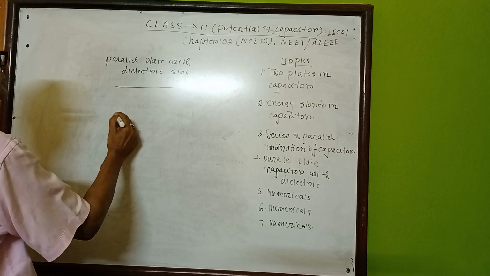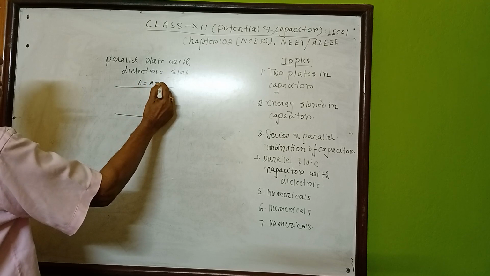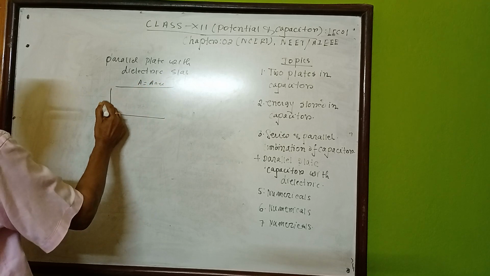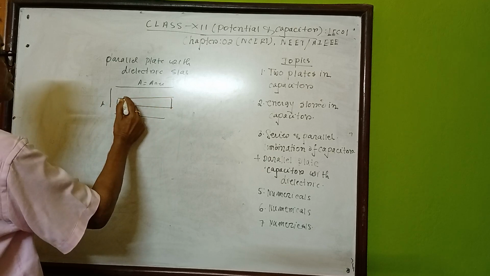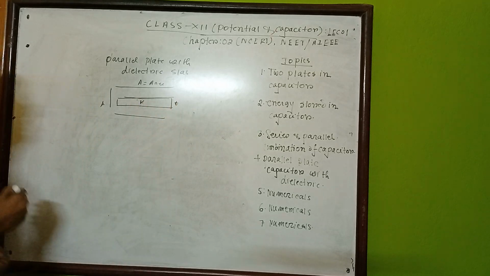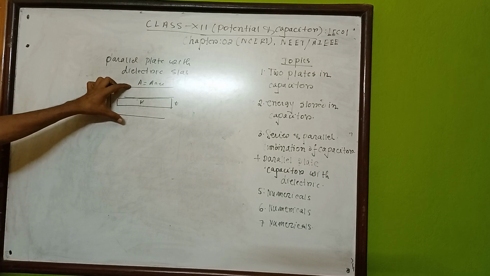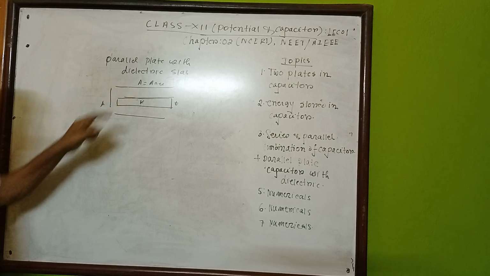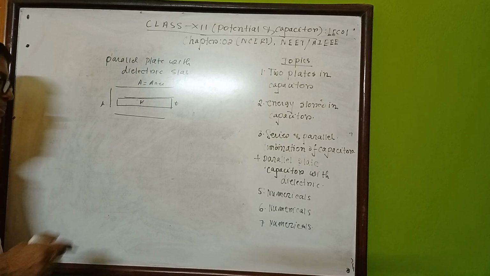So this is the capacitor, area A, separation D, a slab of thickness T is given. So you see that the whole capacitor has two media, one is here, otherwise is the insulating material, that is dielectric constant K.